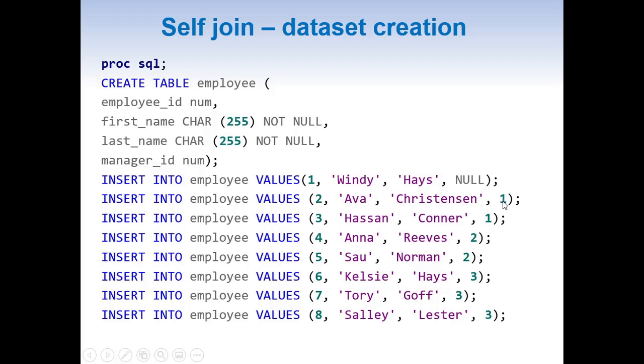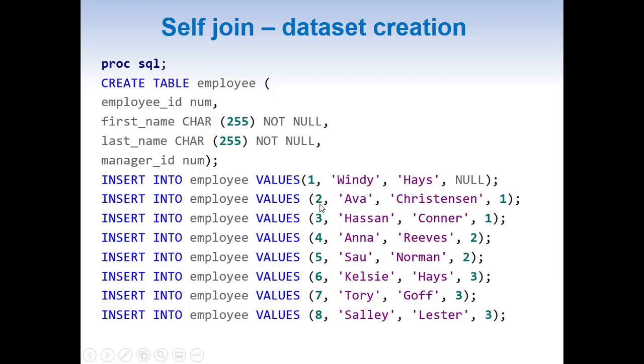So if I join this row with this row on manager ID equal to employee ID, then I can pull this information of Windy Hayes.